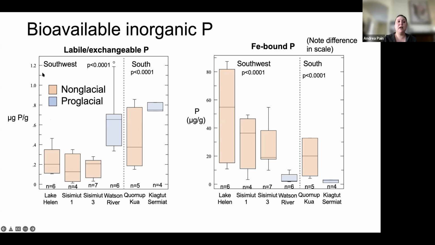I just want to point out the difference in scale here. So this is going up to about 1 microgram of phosphorus per gram of sediment, whereas this one goes up to 80. So overall, we have much more iron-bound phosphorus than this labile form. However, the dominant reservoir, or the magnitude of these reservoirs, significantly differs between the glacial and the non-glacial sites in both cases.